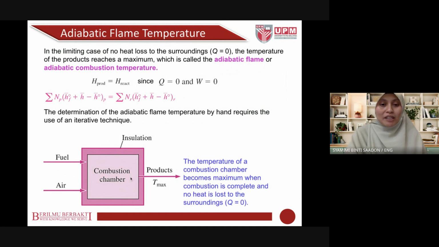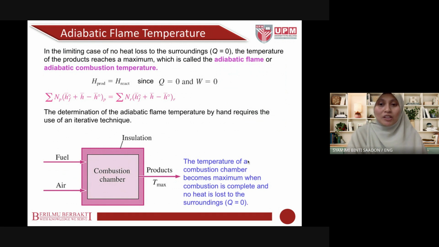So for example here, if our combustion chamber is insulated, the heat exchanger, the device is insulated, so no heat exchange going out or absorbed into the combustion chamber. So it is considered adiabatic.